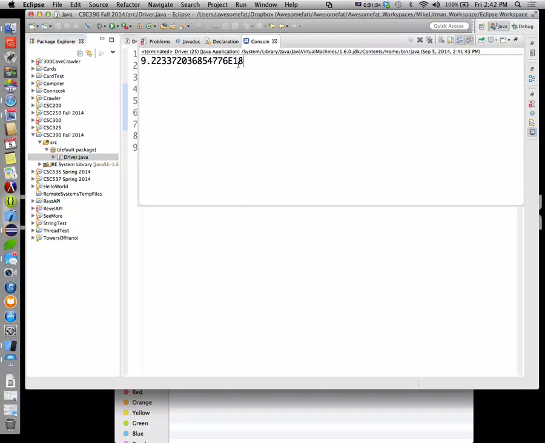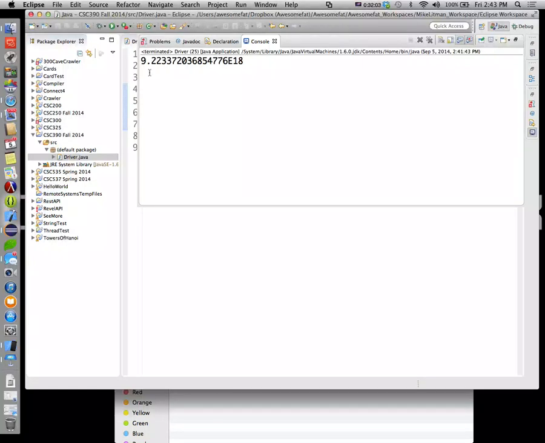So let's see here. Thousands, that's millions, that's billions, that's trillions, that's quadrillions. So this is 9 quintillion, 223 quadrillion, 372 trillion, 36 billion, 854 million, 776,000.